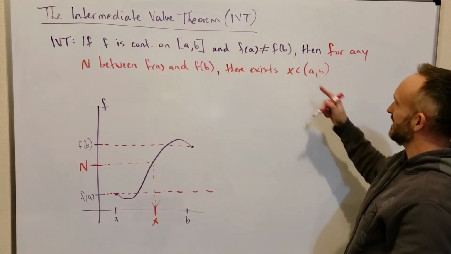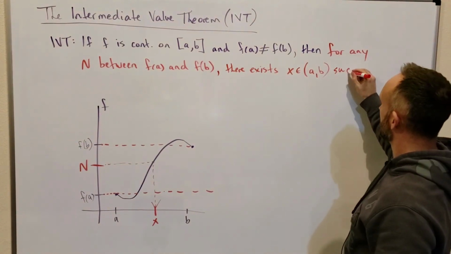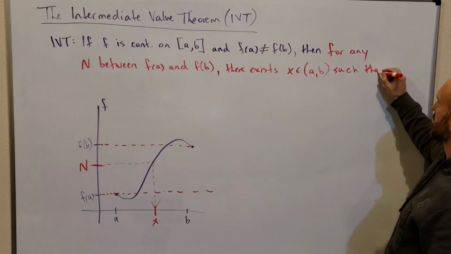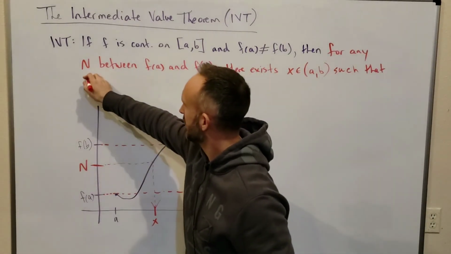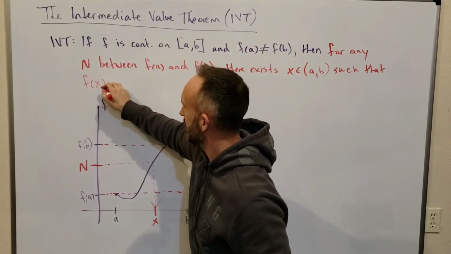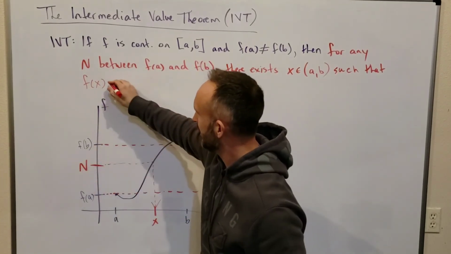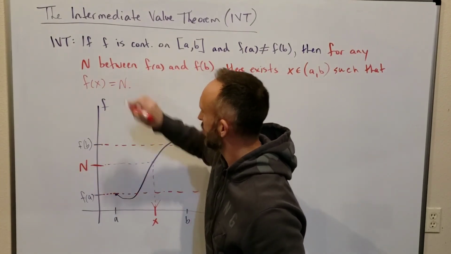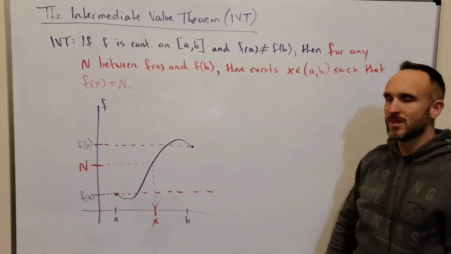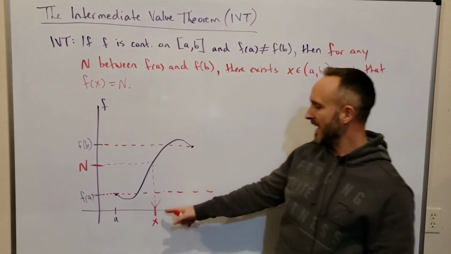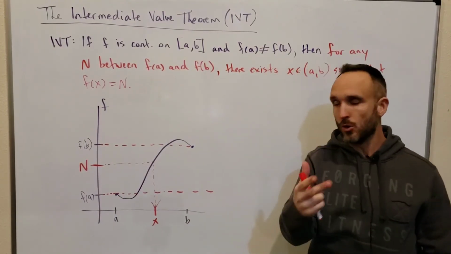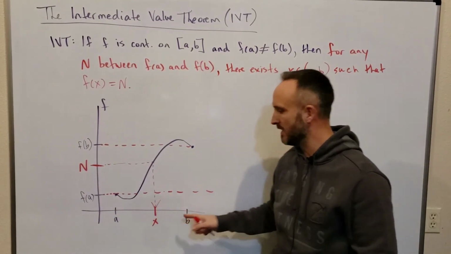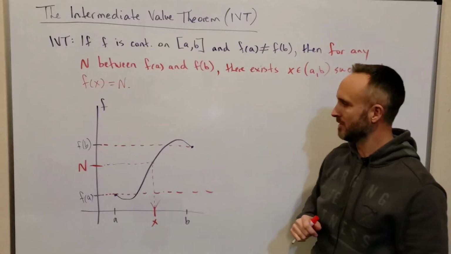There exists an x in here such that f of x, the output of that x, is the y that we randomly chose. Okay? So we can always find an x that will output the y that we chose. And furthermore, that x will live between a and b. We can always find one that lives there.